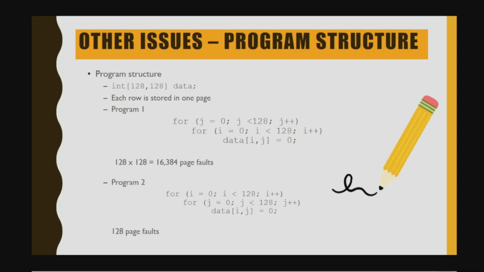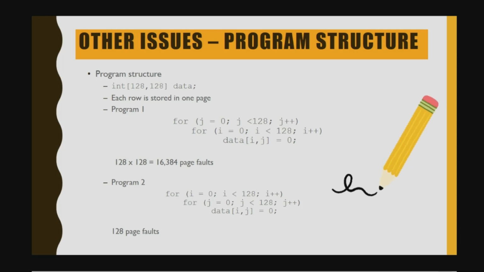Okay, another issue is program structure. This is the code. Let's say we have int data[128][128], so each row is stored in one page. Program 1: for j equal to 0, j lesser than 128, j plus plus for the looping part, and then for i equal to 0, i lesser than 128, i plus plus, data[i][j] equal to 0.